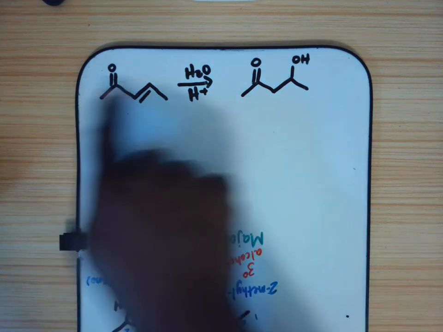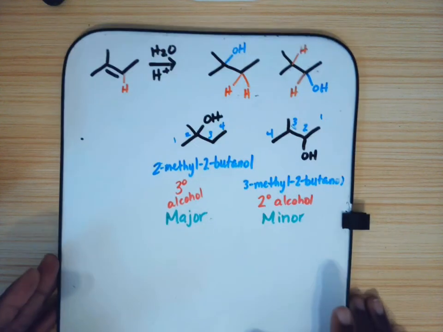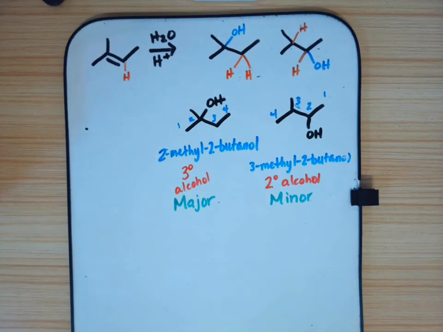If you don't have that carbonyl and that alkene present, then you simply apply Markovnikov's rule. Again, the rule tells us that the hydrogen goes to the carbon of the alkene where your double bond was located that had more hydrogen. The hydroxyl will go to the opposite carbon.